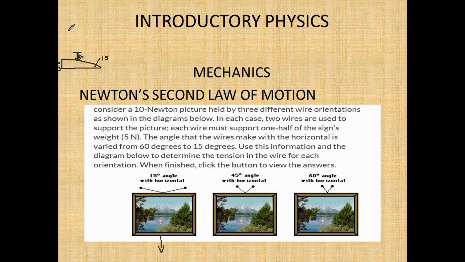Remember, so the sine of the angle, this is the angle we're talking about, is equal to the opposite over the hypotenuse. The opposite here is 5. The hypotenuse is the tension that we want to calculate. Okay?